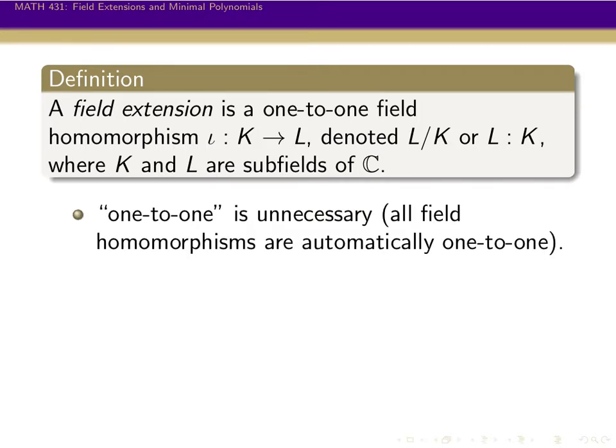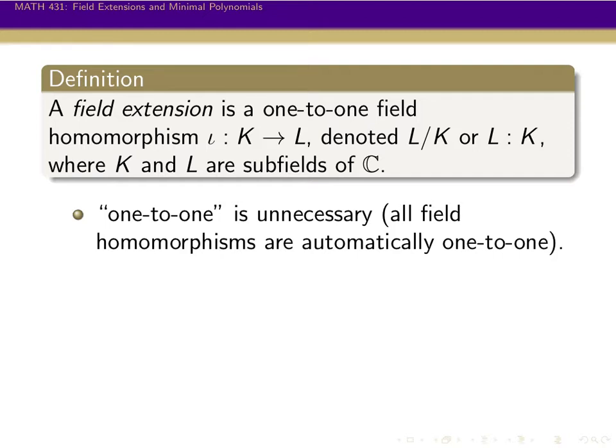One thing is that in this definition, I put one-to-one in there, but the one-to-one is really unnecessary. All field homomorphisms automatically have to be one-to-one, because if it wasn't one-to-one, that would mean that it had a non-trivial kernel. And the kernel would have to be an ideal of K, the preimage of our domain, but K is a field.